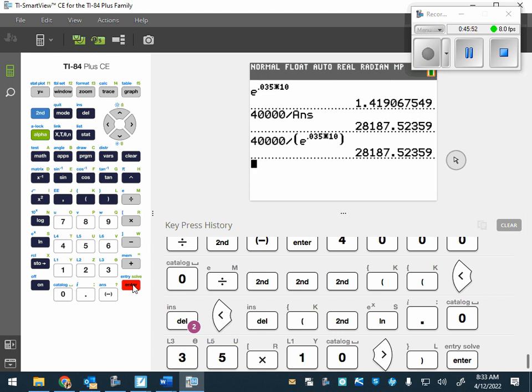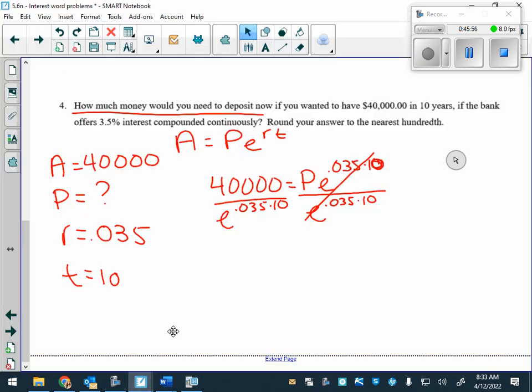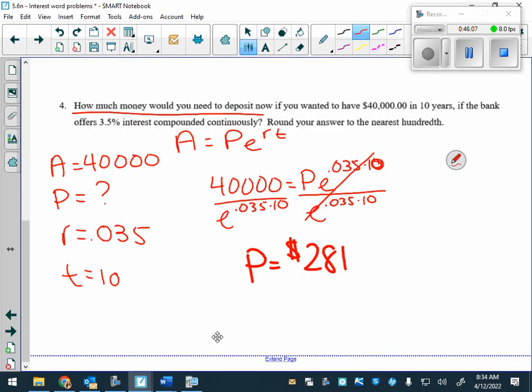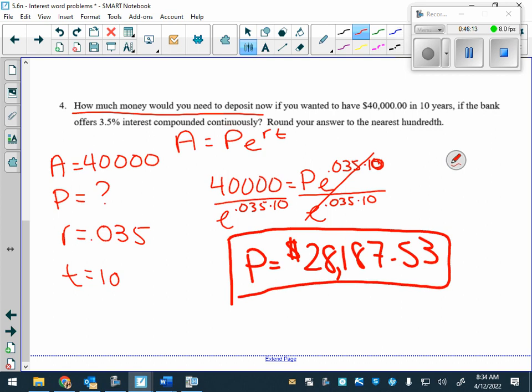Okay, so we have $28,187.53. This is what you would have to deposit in order to reach $40,000 after 10 years.